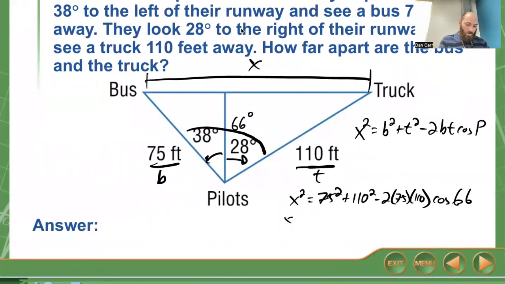Because of my limited space, I'm just going to shortcut a little bit. 75 squared plus 110 squared gives me 17,725. And 2 times 75 times 110 times the cosine of 66 gives me minus 6,711.15.